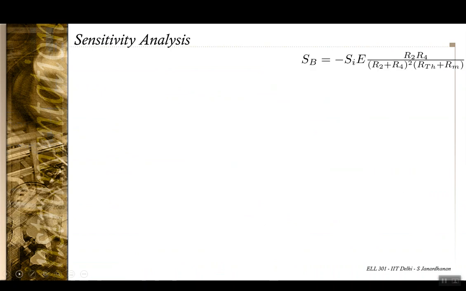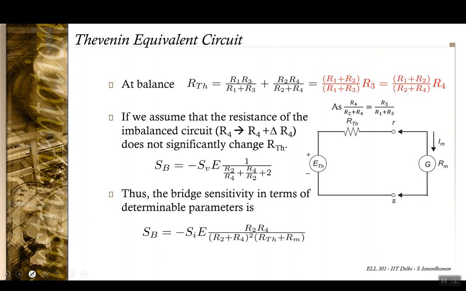And from that we have the bridge sensitivity being determined as R2 R4 by R2 plus R4 the whole square times the Thevenin resistance plus Rm. How is that? Because I think I have missed one of the points.